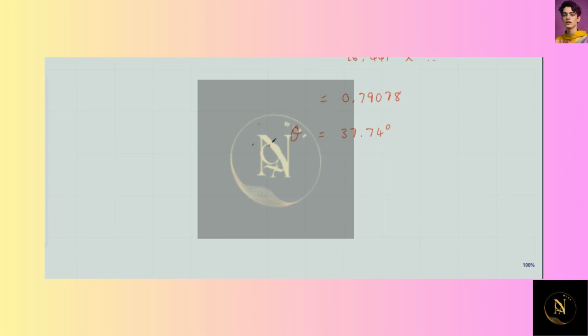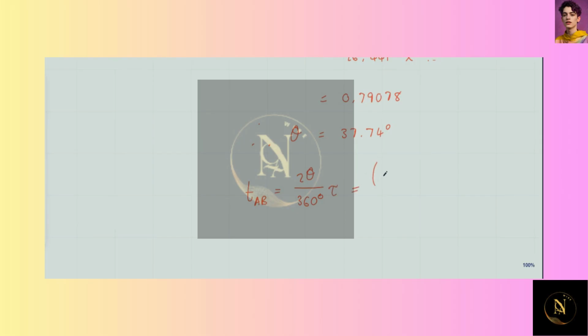So the time in which the satellite is over the horizon, we'll call it TAB, is equal to 2 theta over 360 degrees, multiplied by the period of the satellite, tau.